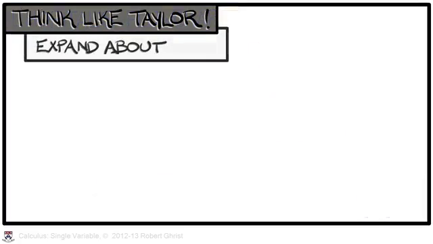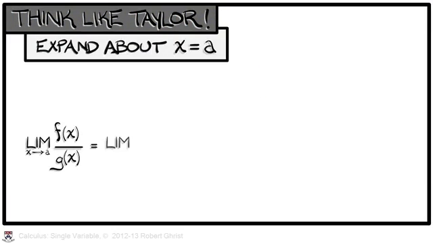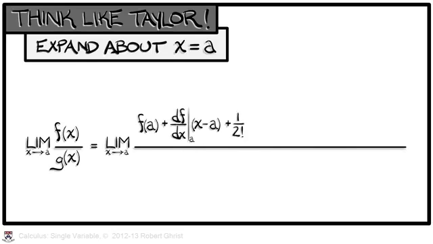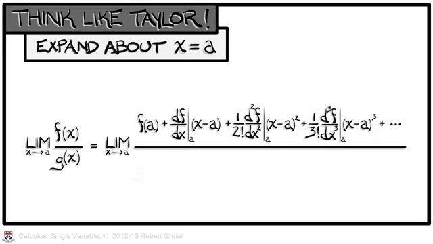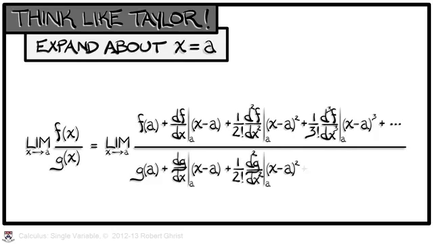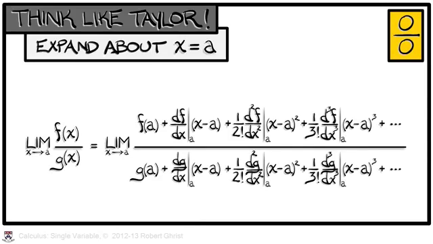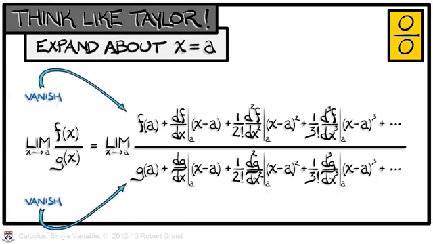Let us use the perspectives that we've worked with so far and Taylor expand the terms. If we have the limit as x goes to a of f of x over g of x, then expand both the numerator and the denominator about the input a. Now, in the context of L'Hopital's rule, let's consider the case where the limit of f is 0 and the limit of g is 0.